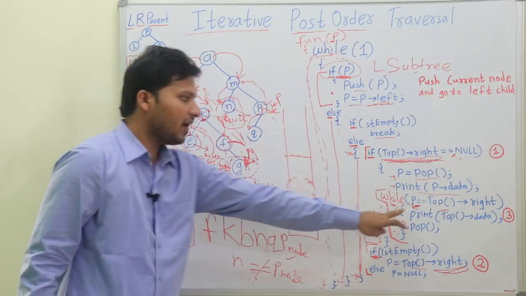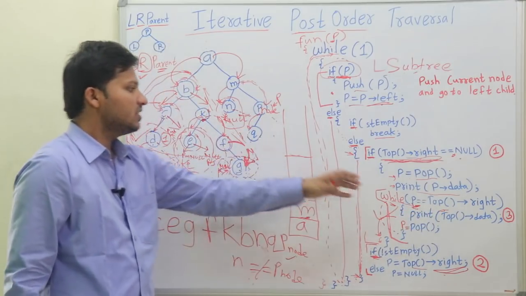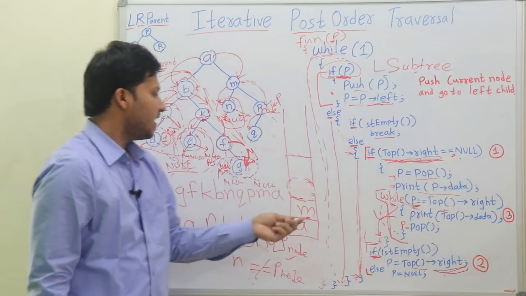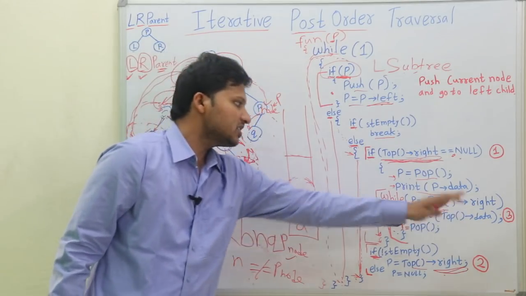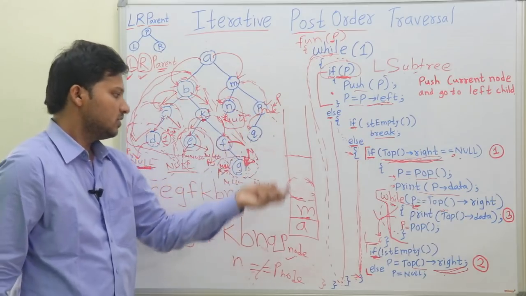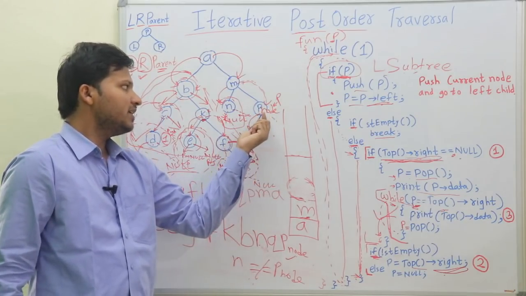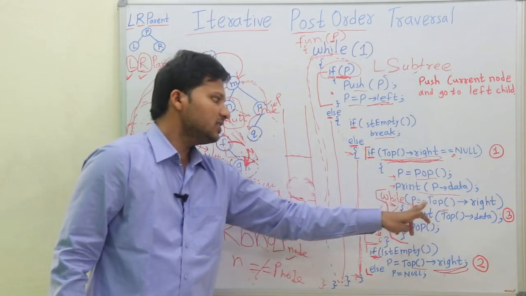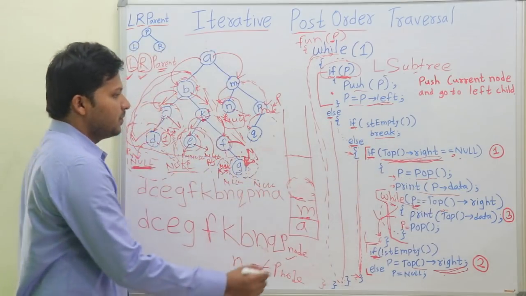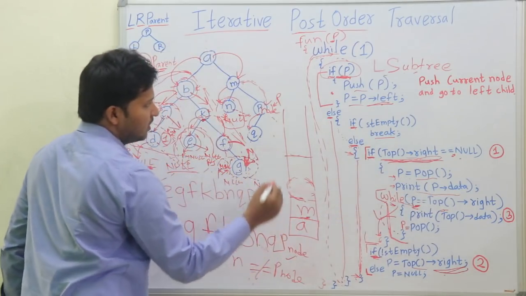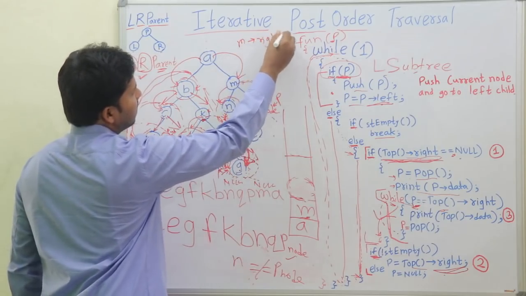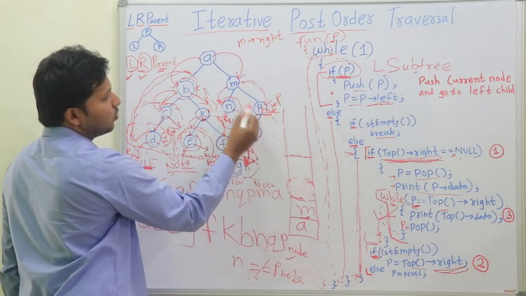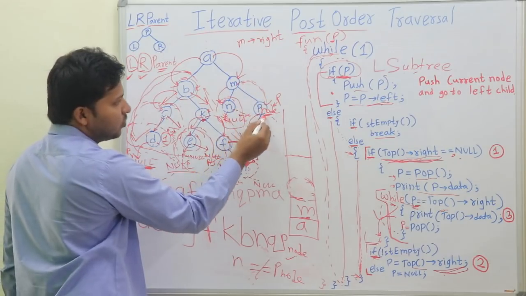So let's go to the while condition now. See whether p is equal to top points right. What is at the top? M is at the top, so top points right is p node, and right now p also points to p node. So p is equal to p node, because the top node is m, and m points right is p node, the right child of m is p node.